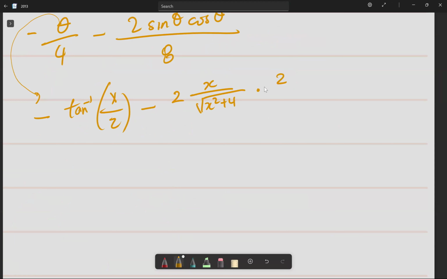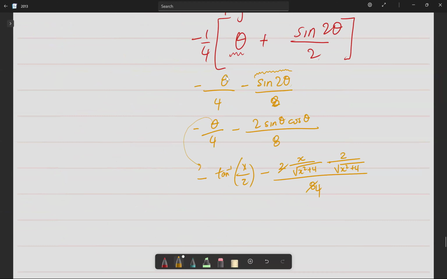Cosine is 2 over the square root of x squared plus 4. And that's all upon 8. This gives us 4. Do I need to go any further? You know how to simplify this part already.